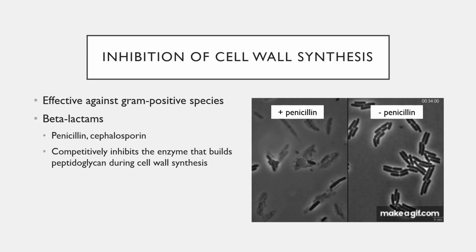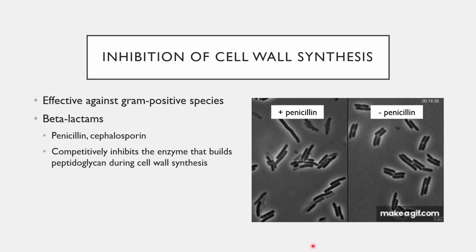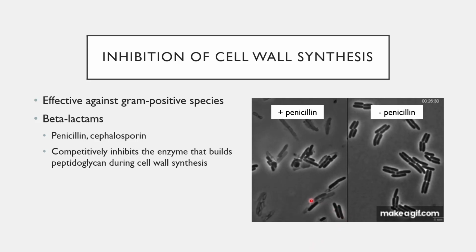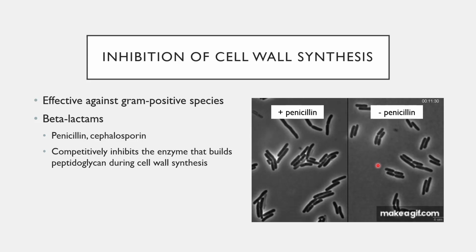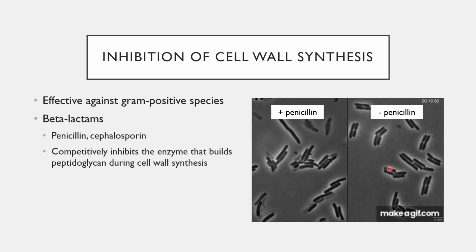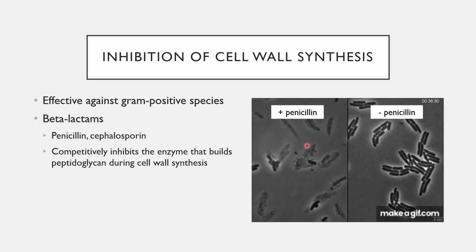As you can see in this microscopy image right here, we have 2 samples of bacilli. On the left side, you can see that these are the ones exposed to penicillin, and on the right side, these are the ones that are not. We can see that on the right side, the bacilli continue to grow and divide, whereas on the left side, we can see that the cells are lysing.